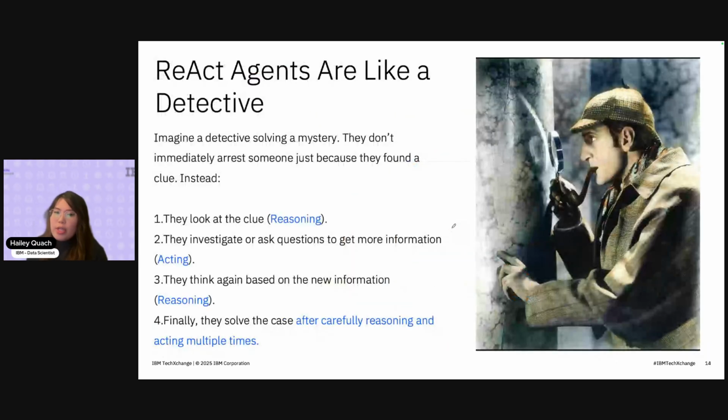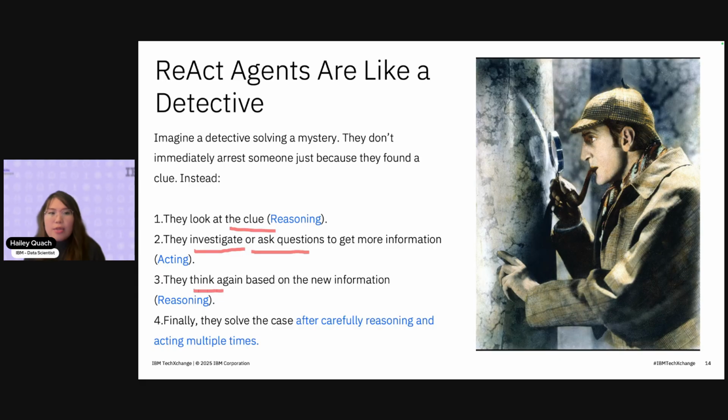So then, to put everything in similar terms, you can think of ReAct agents like a detective, right? If you have watched detective shows or movies, you know that they don't just arrest anybody because they found a clue. Instead, first they look at the clue, and then they investigate or ask questions based on that clue to get more information.